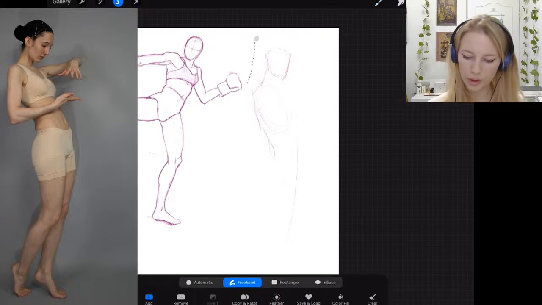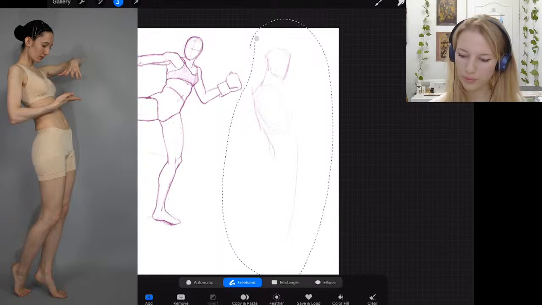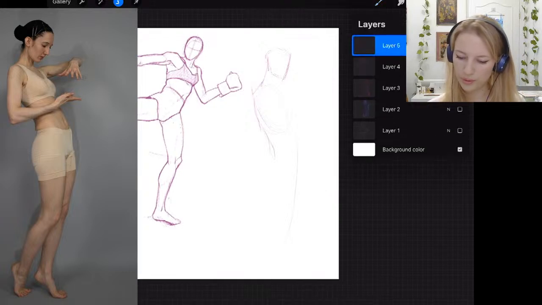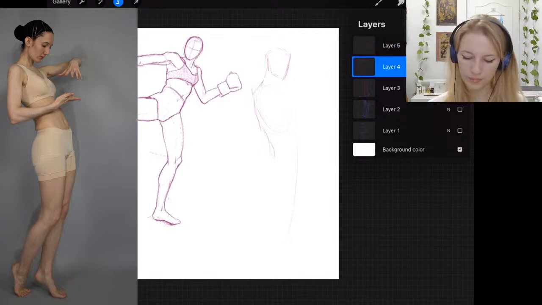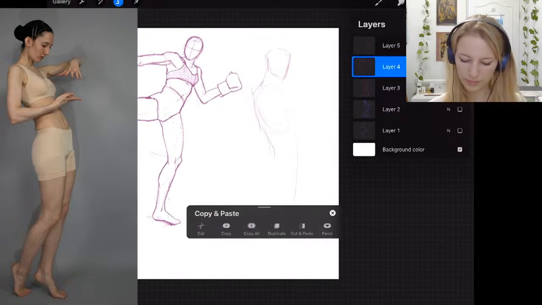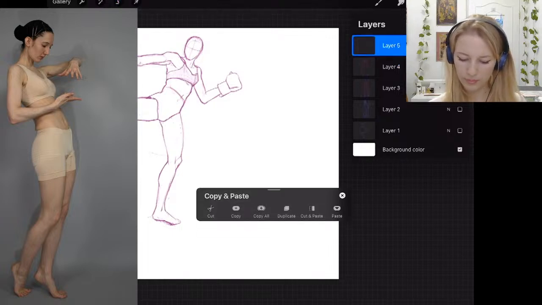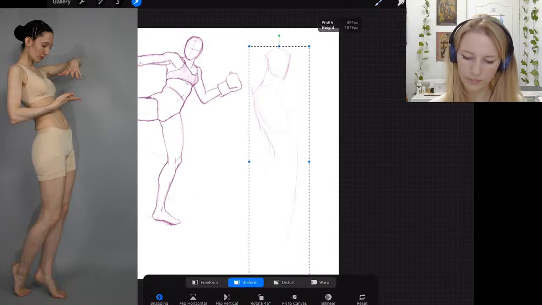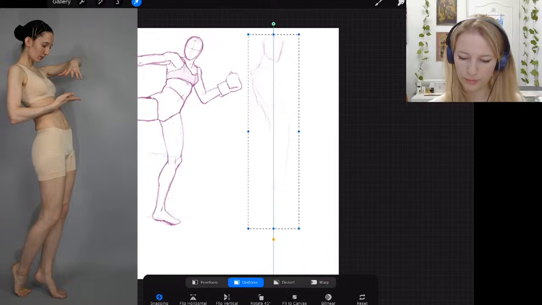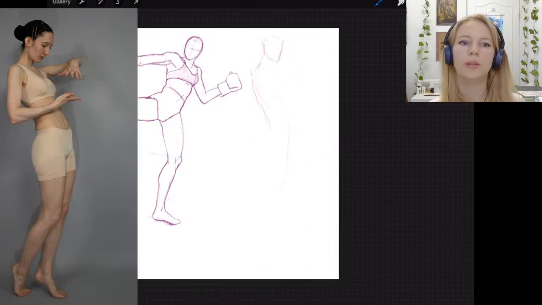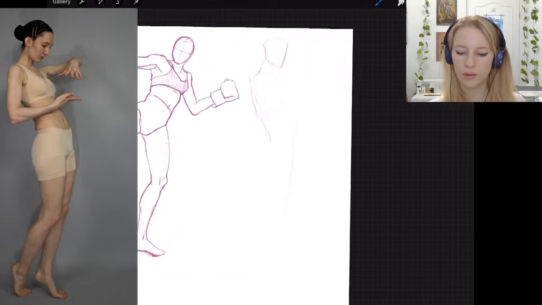Oh, and actually, let's just put it on a new layer. And make it a bit smaller, because right now obviously we don't have enough free space for this one.